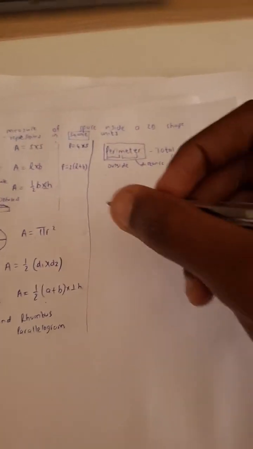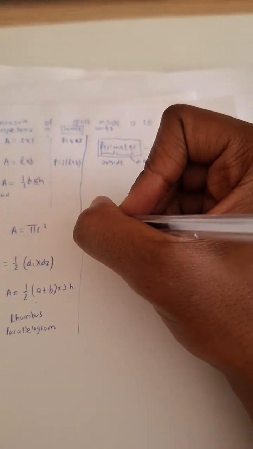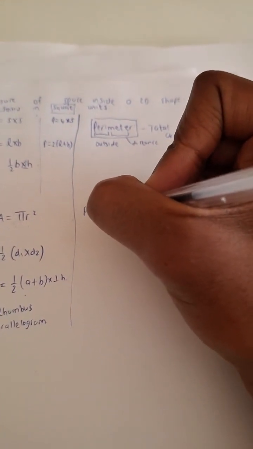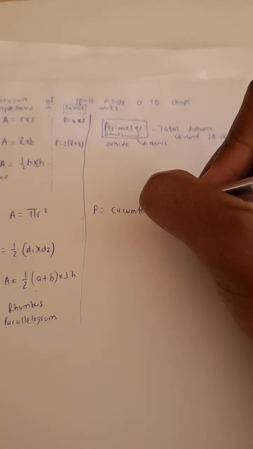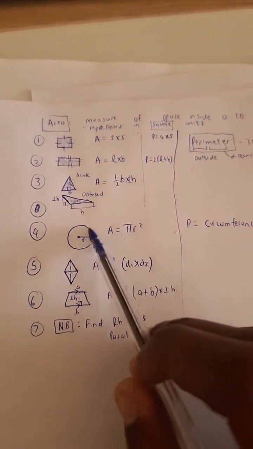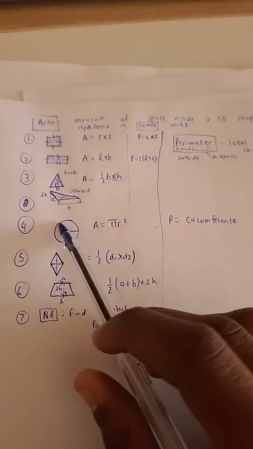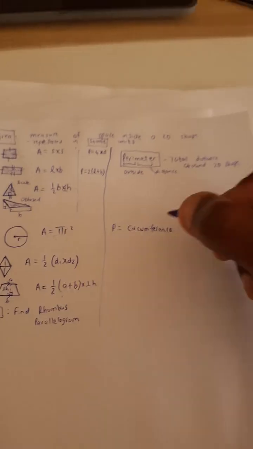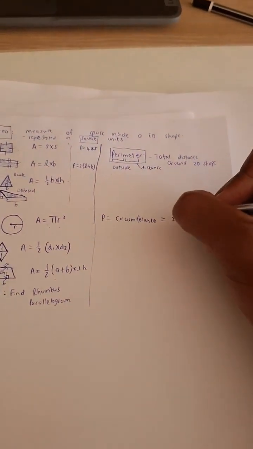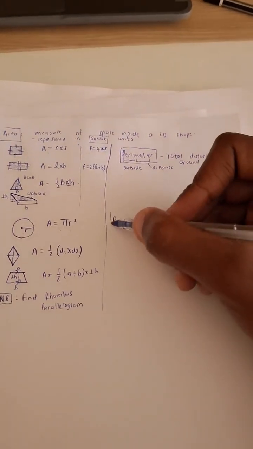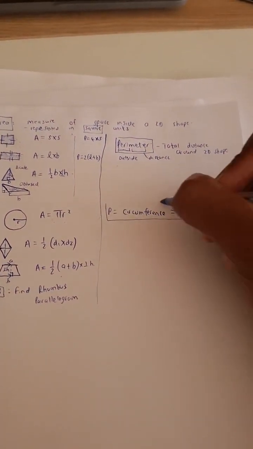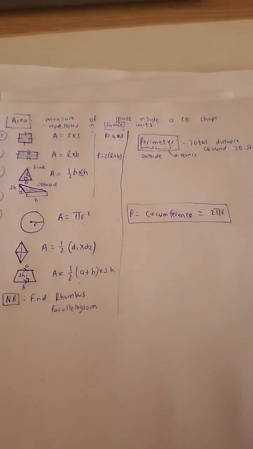For a circle, guys, the perimeter is referred to as the circumference of the circle. The distance around the circle. The formula that we have to calculate the circumference of any circle is 2 pi r.